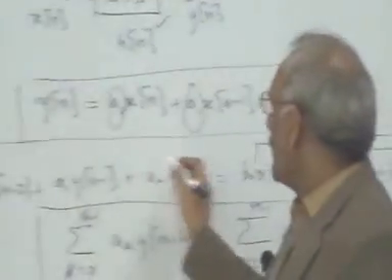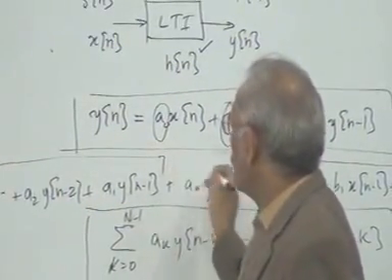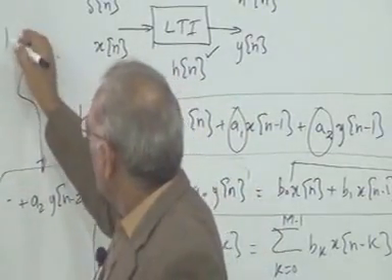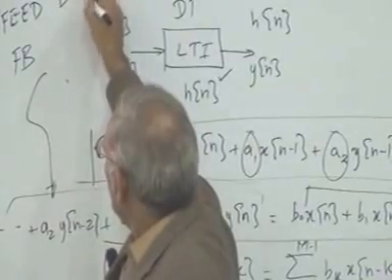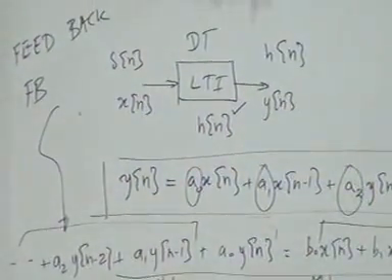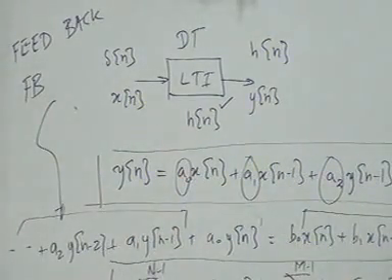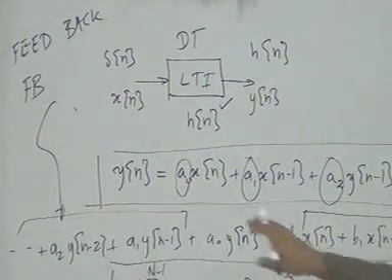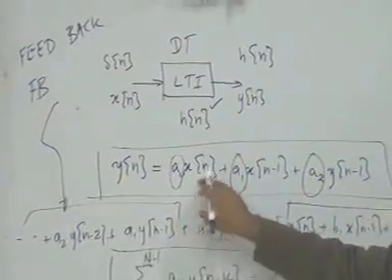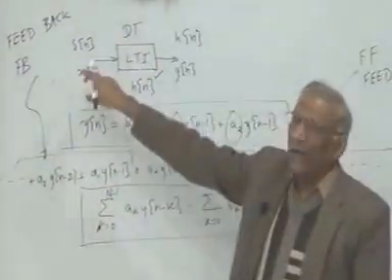And all these terms that we have here, excluding your y of n because that's a special thing, we call them the feedback terms. So if you see this equation, it has two feed forward terms and one feedback term. From basic common sense, we already know that your output depends on the present input, this is the previous input, and this is the previous output which is fed back.